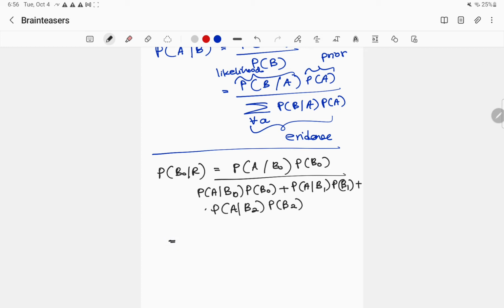Let's take the probability of B naught given A, that is, the probability of A given B naught. It means knowing that there are zero blue sides, what is the probability that one side becomes red?